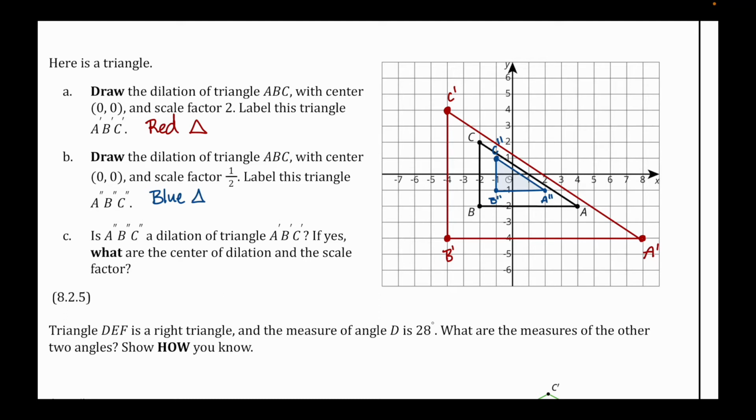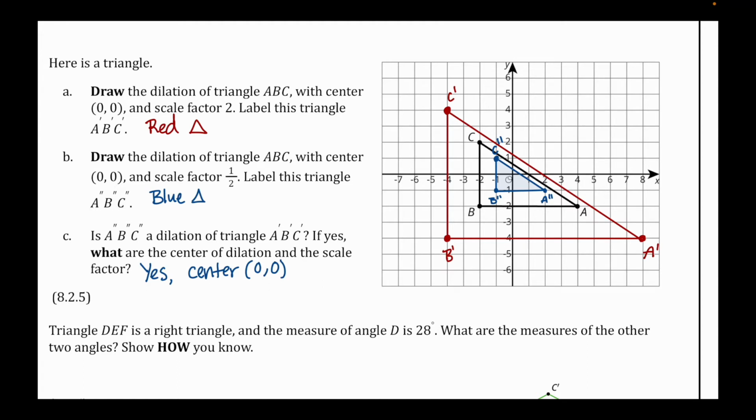If they're both dilations using the same center of the same object, then as long as we have different scale factors but that same center, they would be considered dilations of each other as well. They're just going to have a different ratio. So we would say yes, center 0, 0, because we're using the same one.